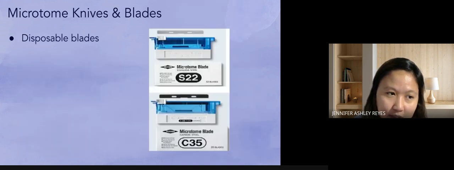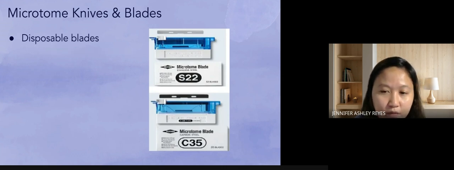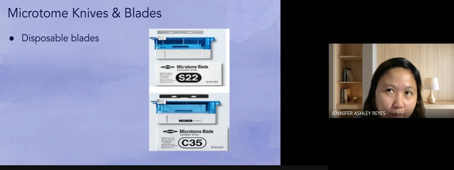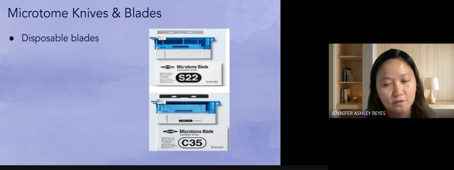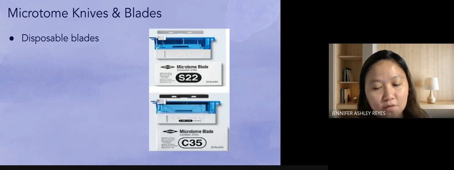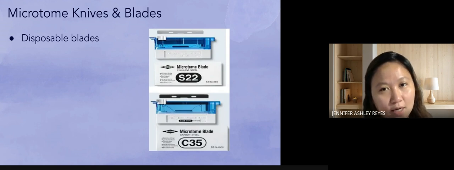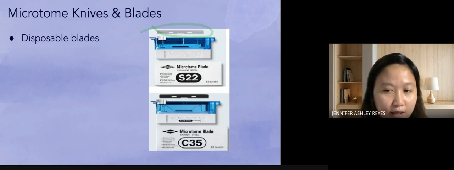Okay. Disposable blades or disposable knives are the common knives being used in modern histology labs if the laboratory can afford them. They are pre-sharpened, sterile, and ready to use.